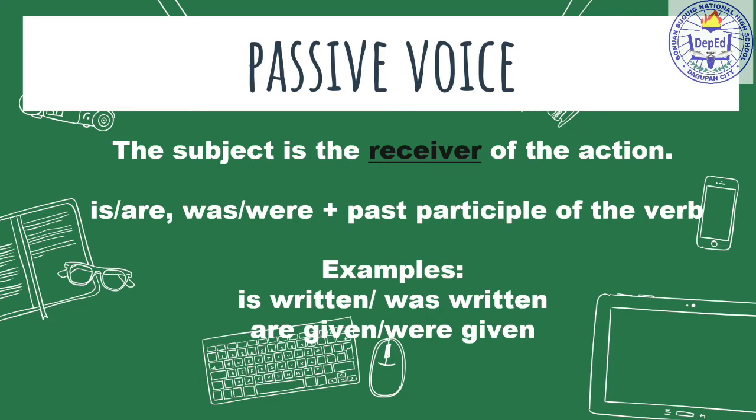Auxiliary verbs are is, are, was, were. Here are the examples of verb forms under passive voice. Is written or was written, are given, or were given.